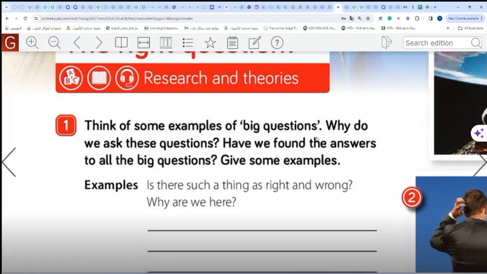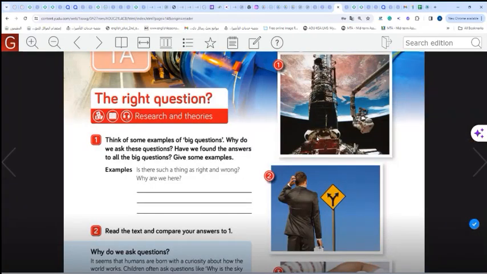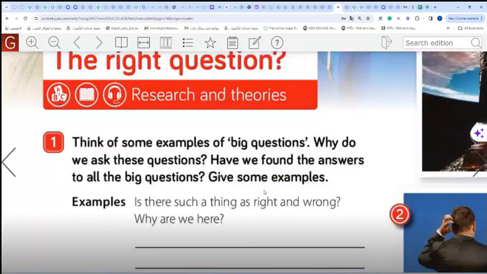You know, there are many big questions that engage our mind. Are we alone in this universe? That's right. What else? Who created the universe?